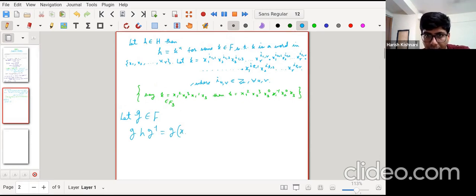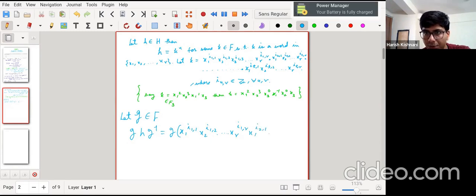So this is x1 i_{1,1}, x2 i_{1,2}, so on to xr i_{1,r}, then x1 i_{2,1}, so on to xr i_{2,r}, then again dot dot dot.